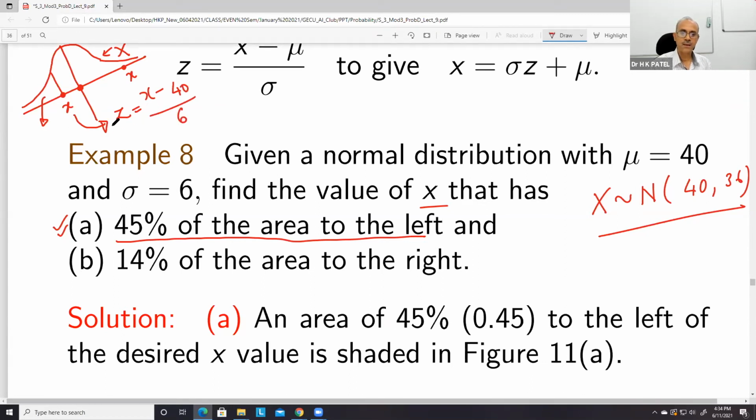What is given to us is that the probability of Z less than or equal to, let me call it Z1, is equal to 0.45, because this area is 45% and that area is actually the probability. So this is the equation we get here.